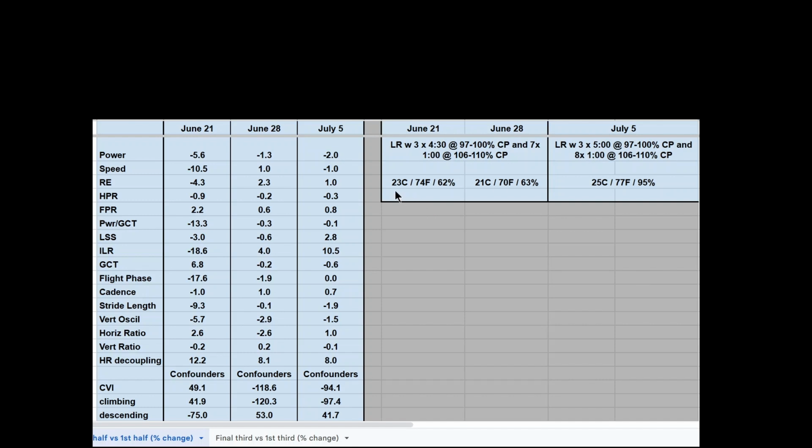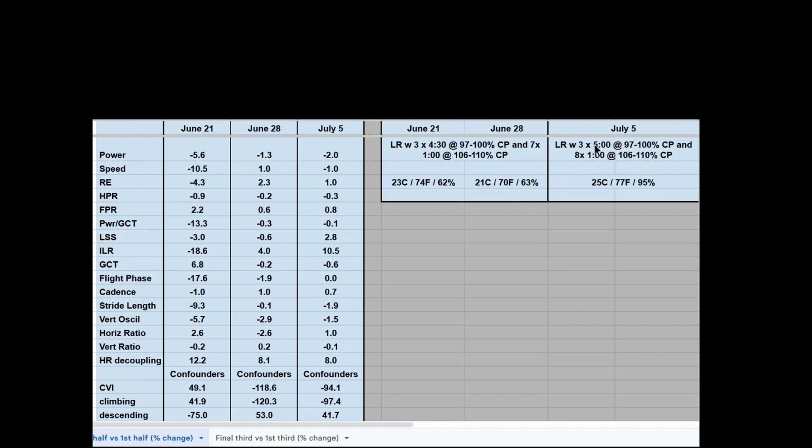Now we have the conditions. So the conditions were a little bit more rough early on than later on. Okay, so that was good. But then a week later, after this one, which he did much better, we did progress.